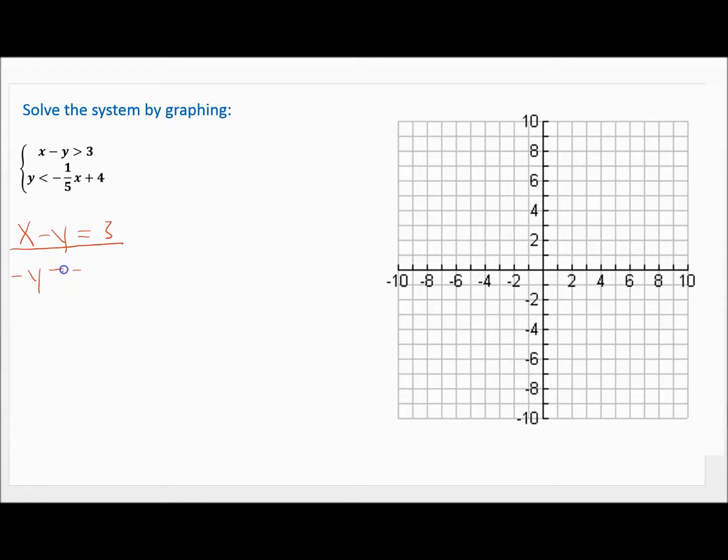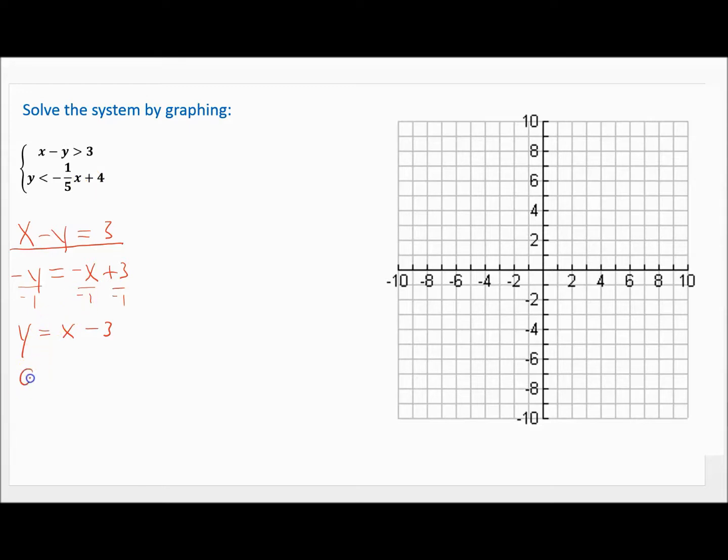It's less confusing. So I have negative y still on the left. I move my x over, makes it negative x plus 3. I have to get rid of the negative, so I divide every one of these terms by negative 1. That gives me y is equal to positive x minus 3. There's a faster way to get there, and if you notice that by adding the y and subtracting the 3, that's fine.